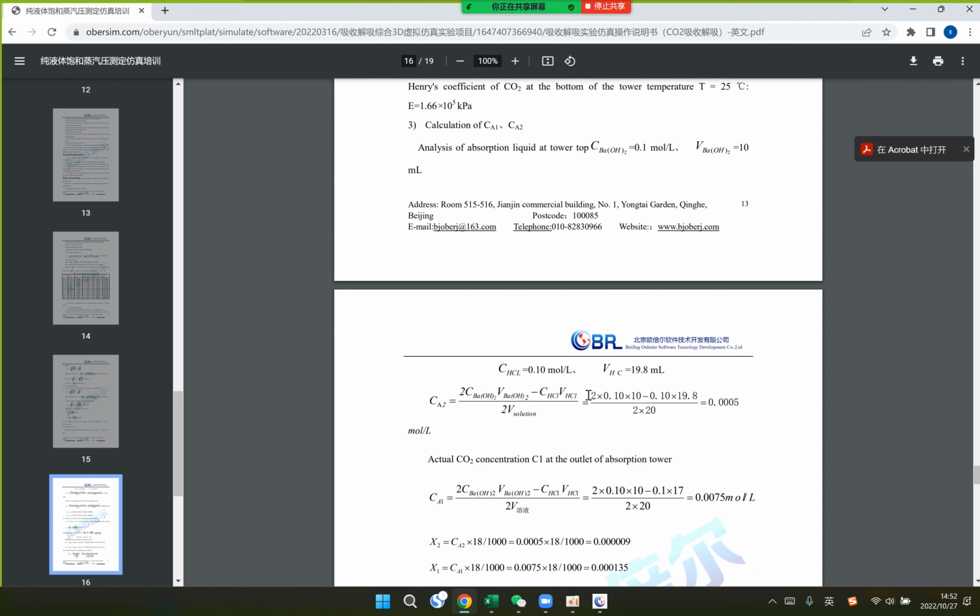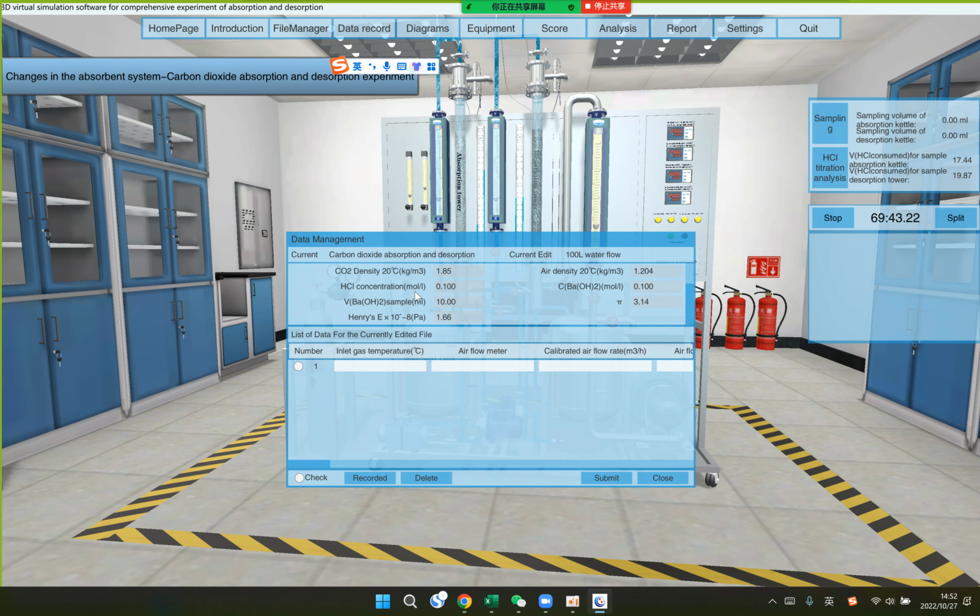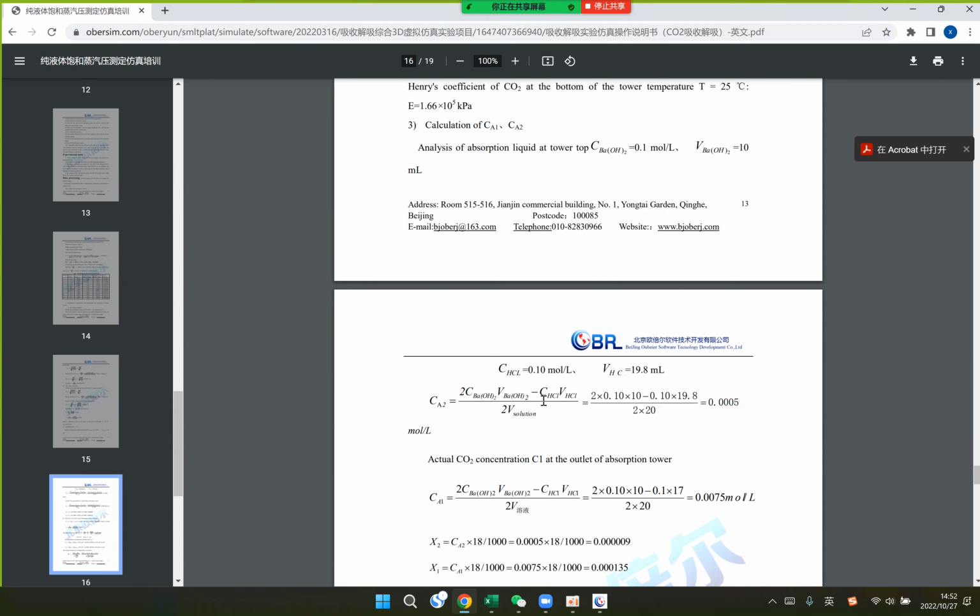Use this formula: 2 times the concentration of Ba(OH)2, which is 0.1, times V Ba(OH)2, the sample consumption of Ba(OH)2. This one is 10.